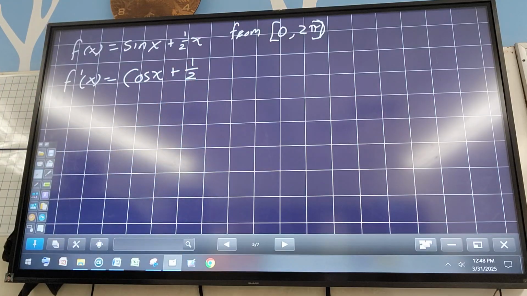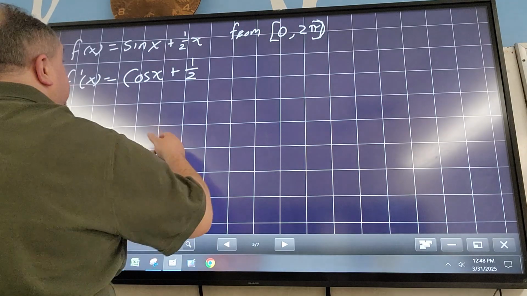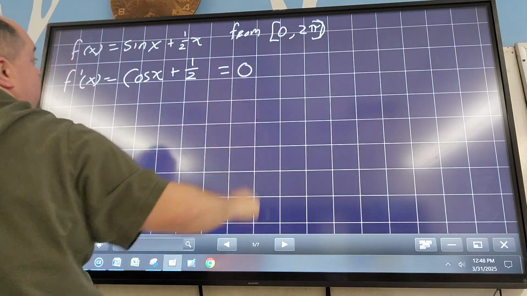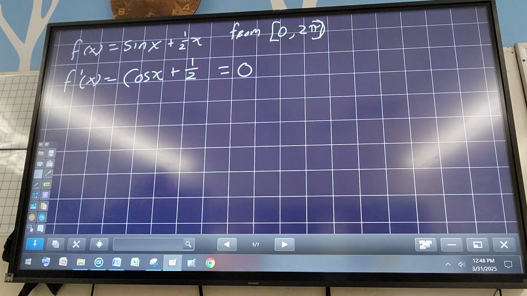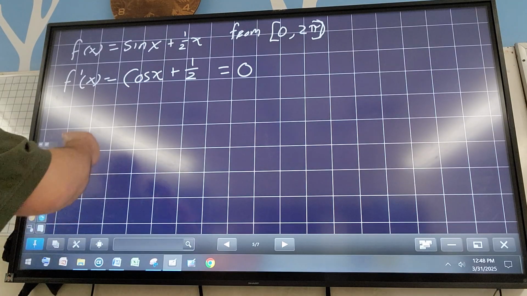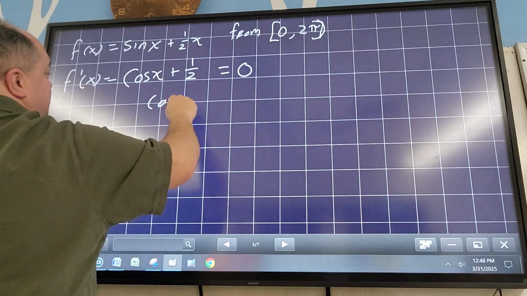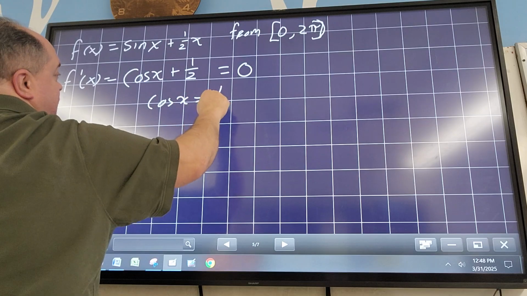That is the derivative. We need to find where this is equal to 0. So if we subtract 1/2 from both sides, we get the cosine of x equals negative 1/2.